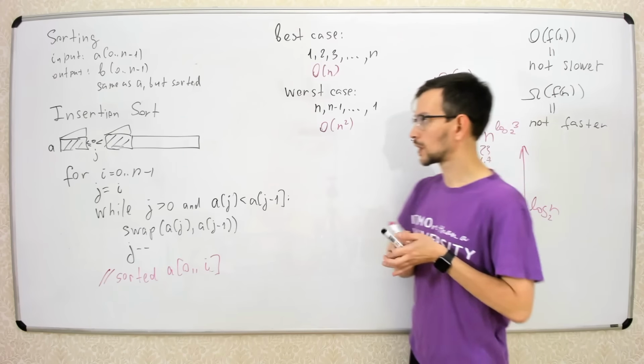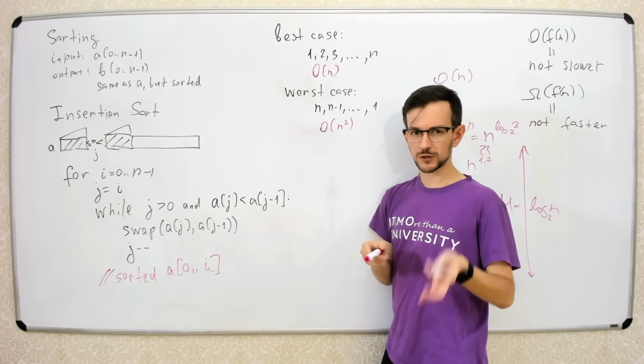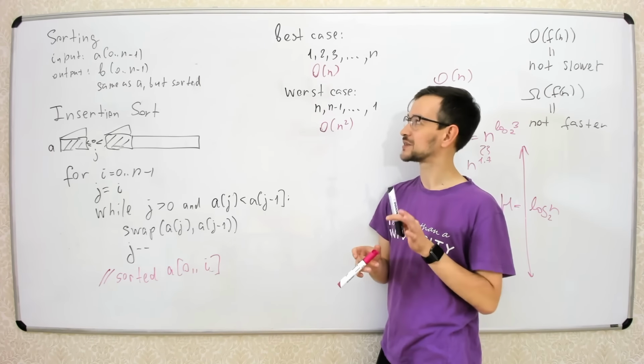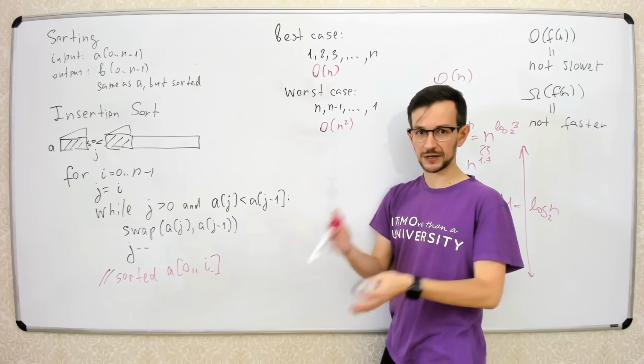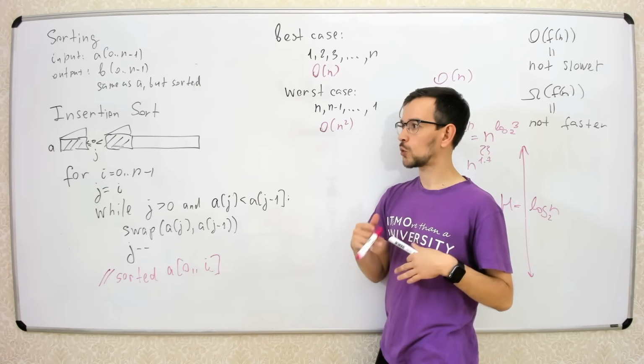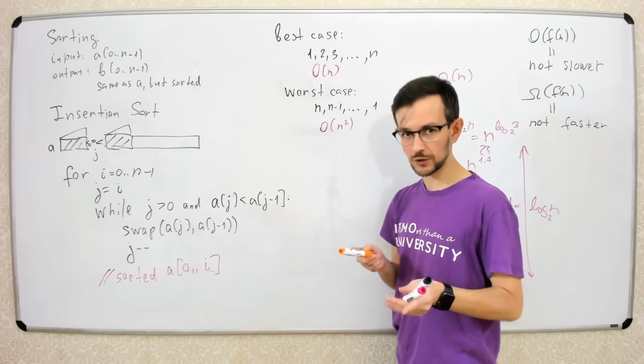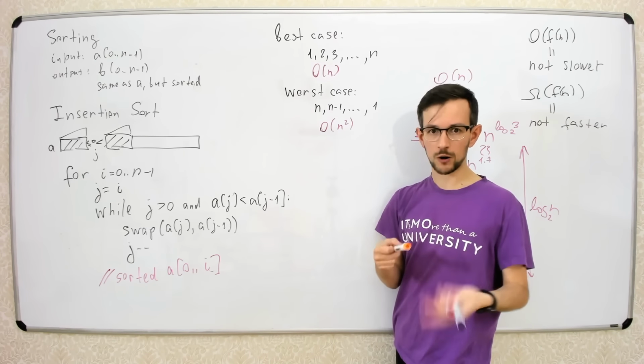And for most algorithms we'll talk about in this course, things are going like this. So there are some good cases and some bad cases. And to analyze, this is an important part, to analyze the time complexity of the algorithm, we will talk only about the worst case.